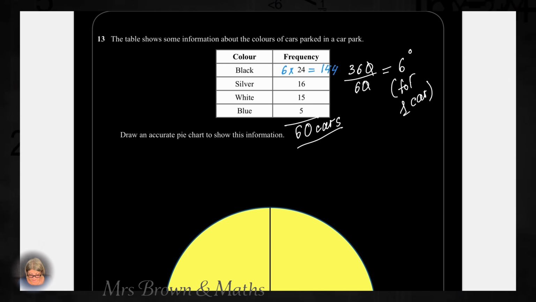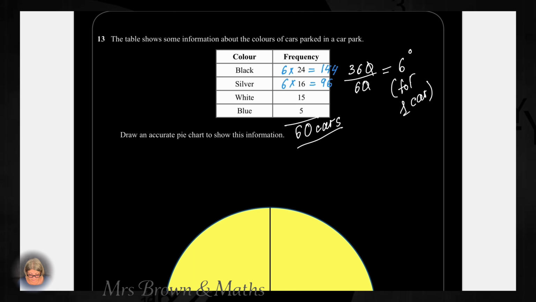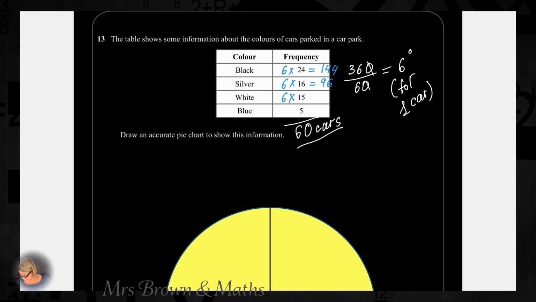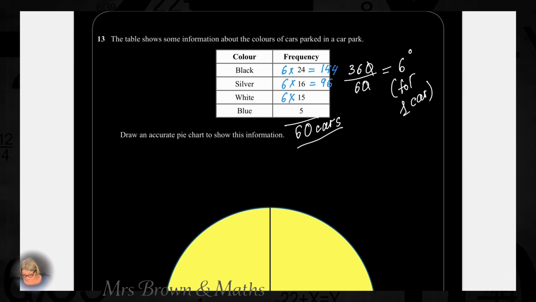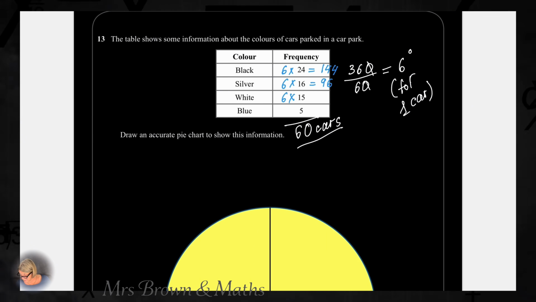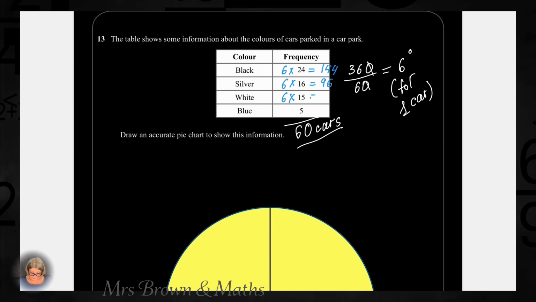16, again 6 degrees for one car, times 16, 96. White cars, again 6 degrees for one car, times 15 white cars, 6 times 15 equals 90 degrees.